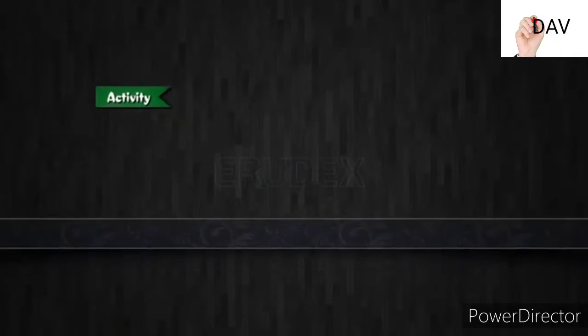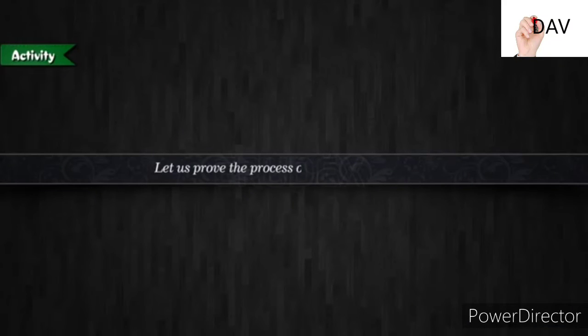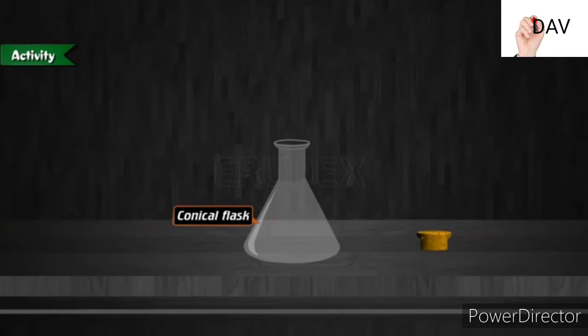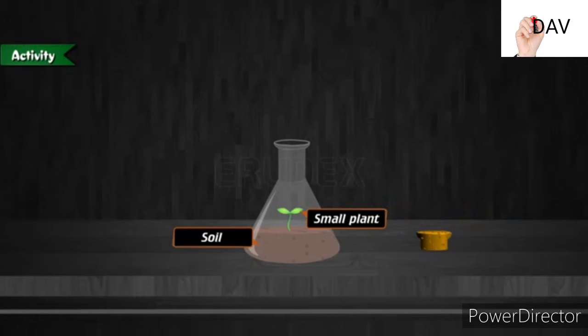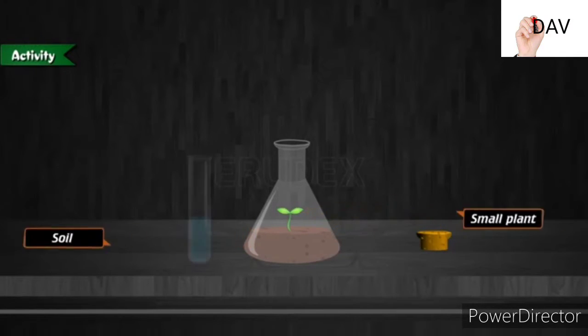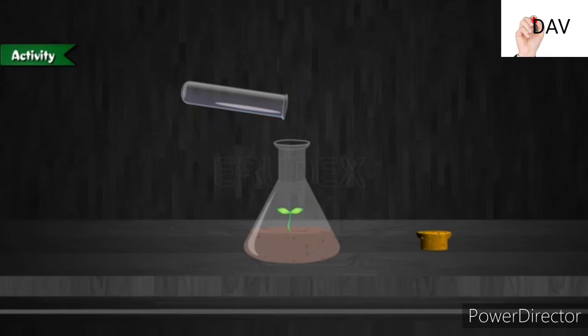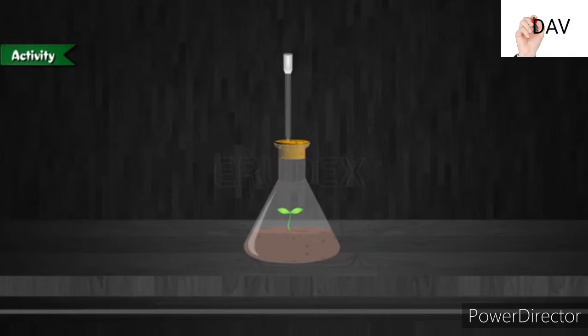Let us see one activity which proves the respiration process in plants. To prove this activity, we need a conical flask, take some soil in it and insert one small plant, and take 1/4 of water with the help of a test tube and close this conical flask.